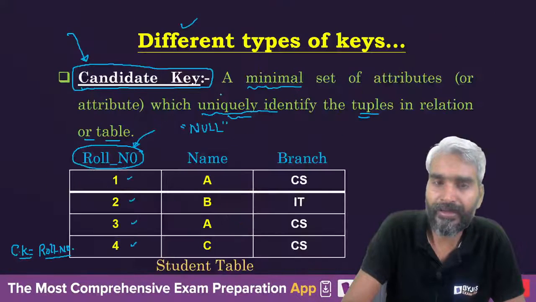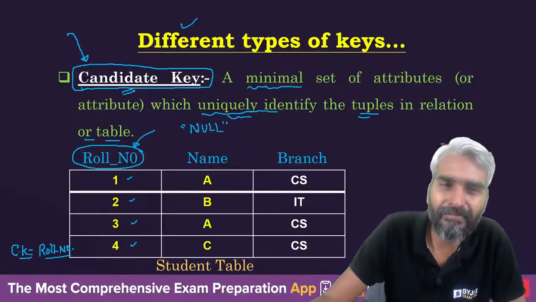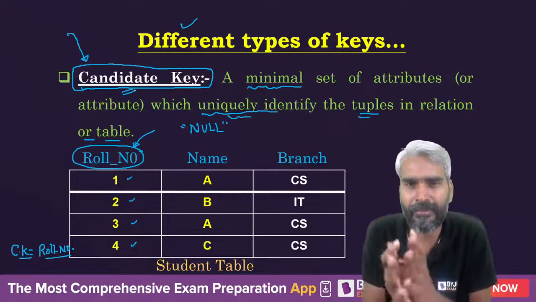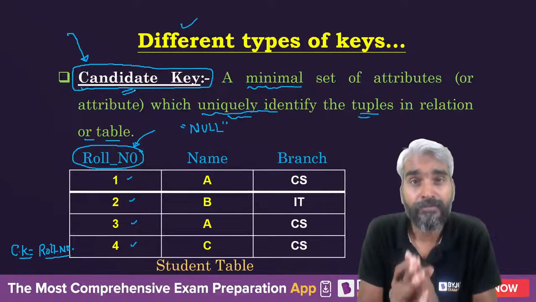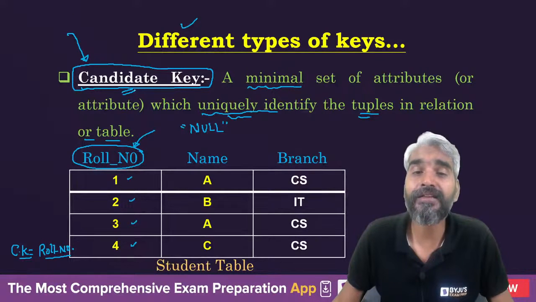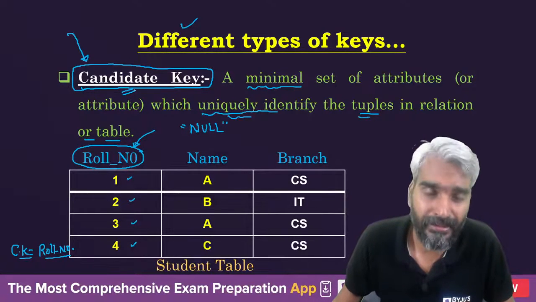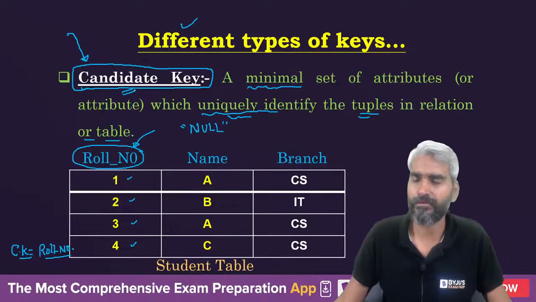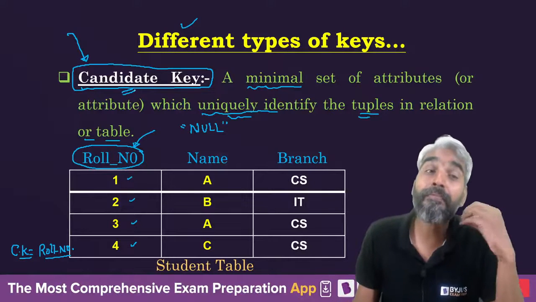So I hope you have understood one thing, that candidate key is a very simple definition: the minimal set of attributes which can uniquely identify the tuples in a relation will be called a candidate key. Simple definition. So there may be multiple candidate keys.